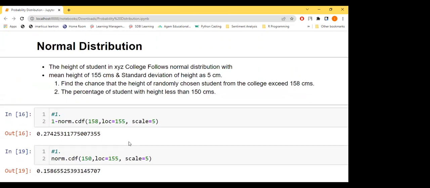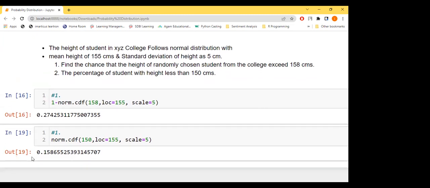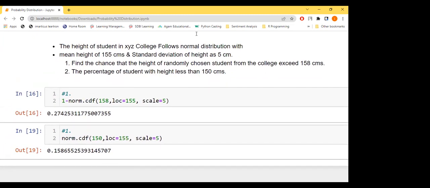You just have to write this example. The height of the students, same example we have written, you just have to write the formulas. Guys, just write the formulas which we have on screen.